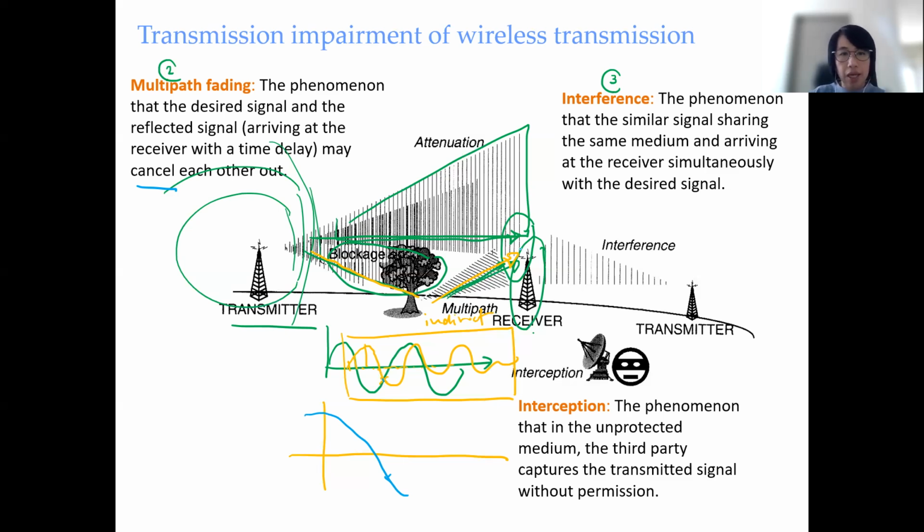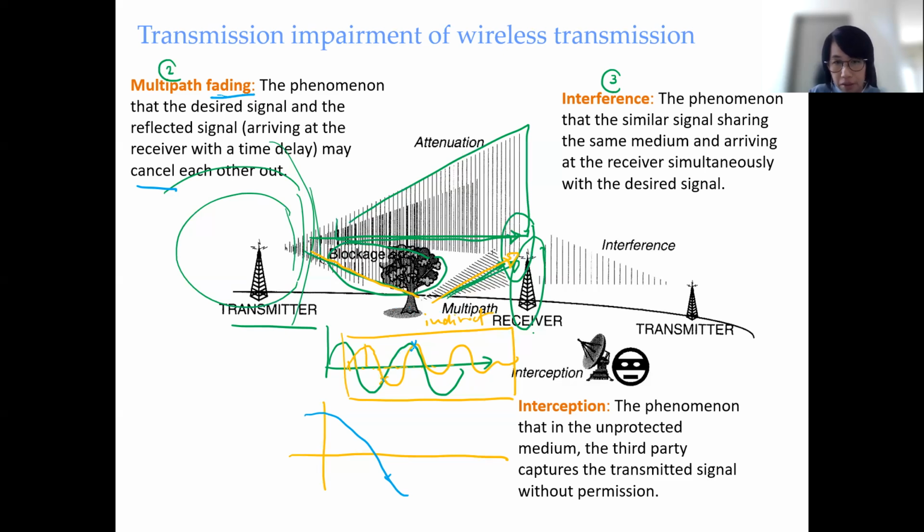So actually, what multipath fading means here is like fade, like it continuously decreases the power of the signal after it is combined from multiple signals. The good thing is that sometimes, for example, here you see the yellow one and the green one have a big power, right?